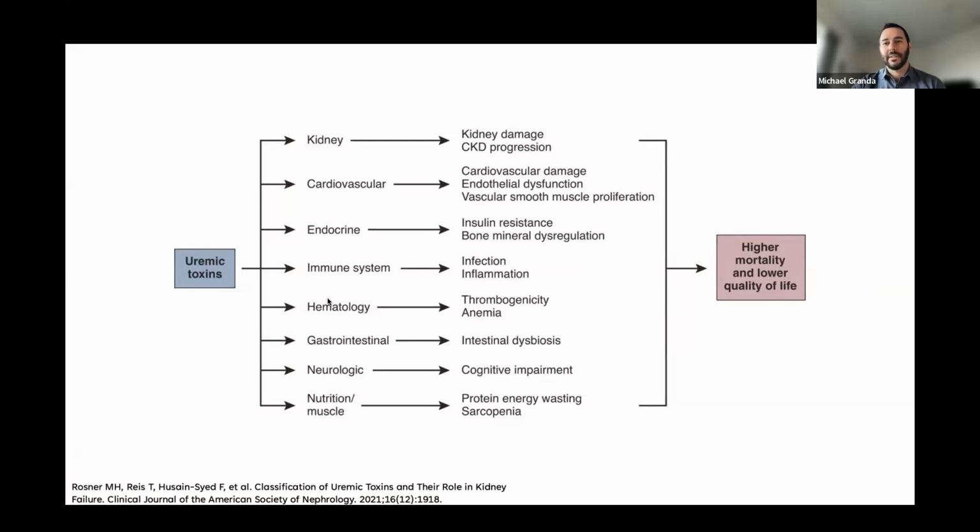Uremic toxins exert metabolic pressure by reducing insulin sensitivity, and part of the uremic milieu includes dysregulated hormones like parathyroid hormone, which can lead to bone disease. And so overall, a lot of the symptoms and complications of CKD have been associated with uremic solute levels, which ultimately lead to higher mortality and worsened quality of life.